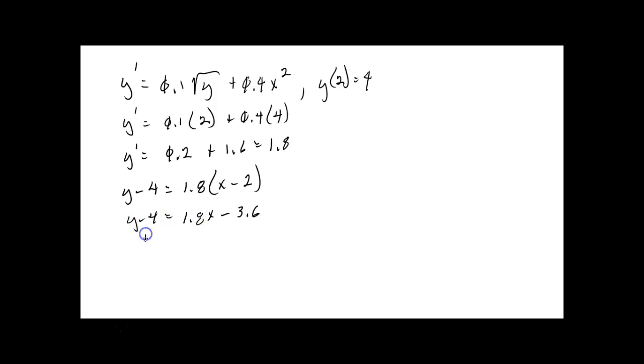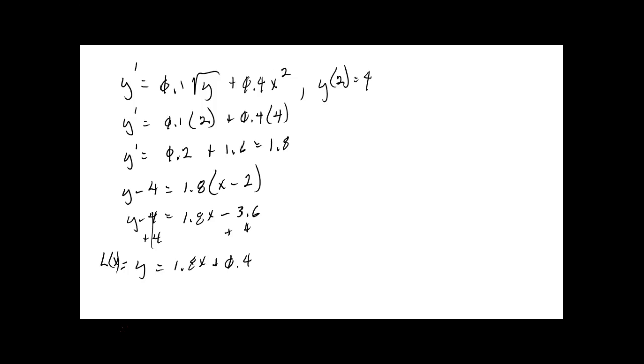Add 4 to both sides, and what you get is y is equal to 1.8x plus 0.4. There is a linearization of the solution at that point. Now that's our best guess. What they call this in the book is your L of x, the linearization as a function of x. And that's where we left off last time.